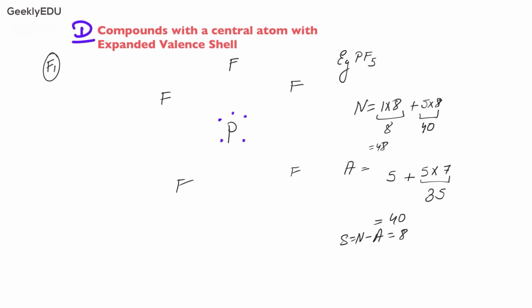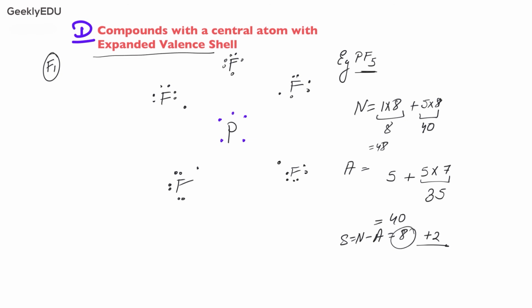And each fluorine is going to have 6, right? So I'm just going to write 6 with 1 pointing towards this, just to make everything look very symmetrical, although not exactly required. Now, as we can clearly see, we need one more, right? It's PF5. We need one more. 8 shared pairs of electrons will not work, right? So we need to add 2 here. So this is the expanded valence shell, right?